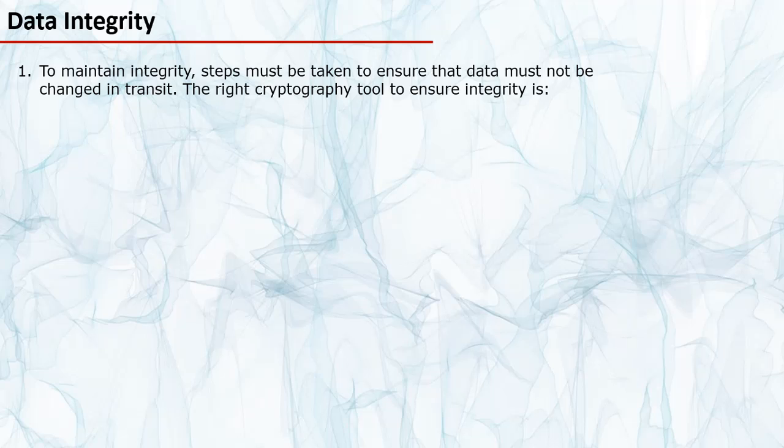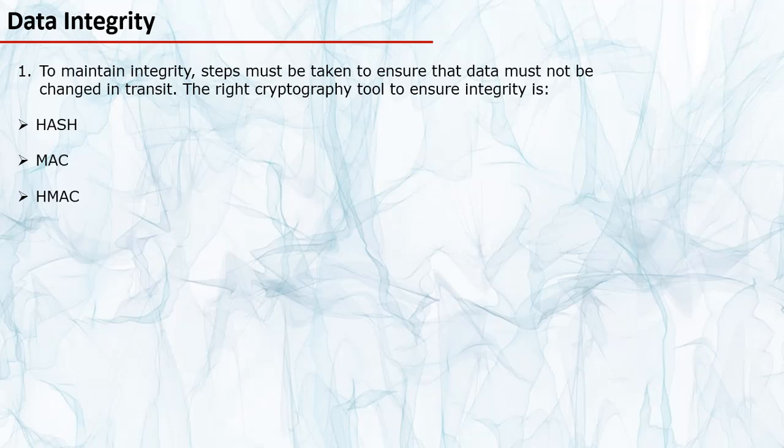To maintain integrity, we will see further in the course how the below mentioned cryptography tools can be used to ensure and verify integrity. Hashes, MACs and HMACs. Just to understand at a very high level, hashes, MACs and HMACs can be used to verify integrity.